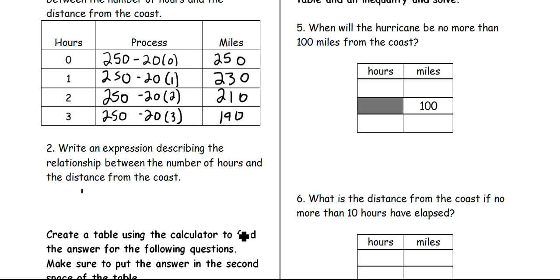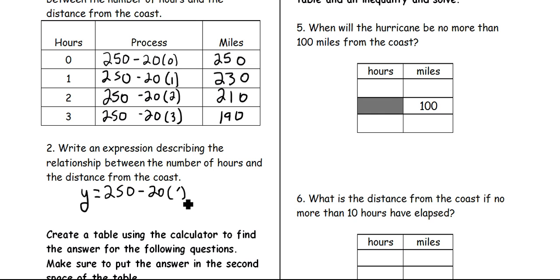So our expression, the easiest way to do this is to use your y equals, write down everything that stays the same. Well, the 250 stays the same. The minus 20 stays the same. The parentheses stay the same.